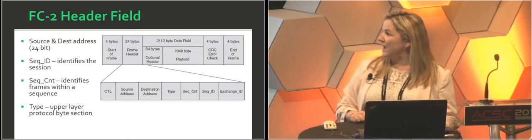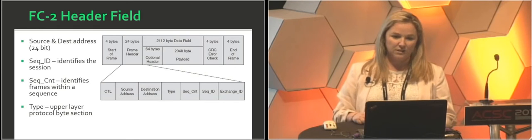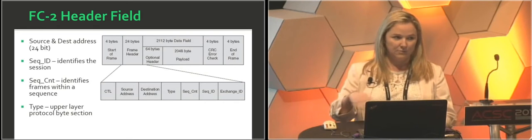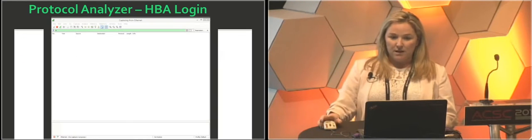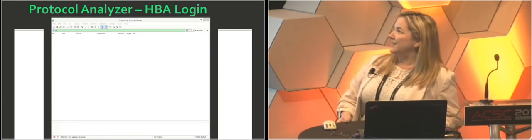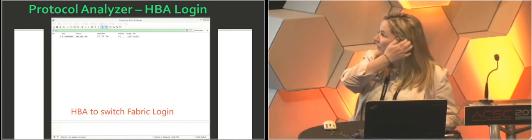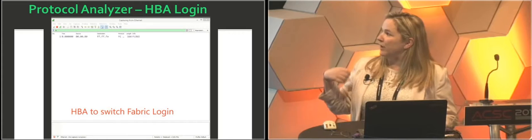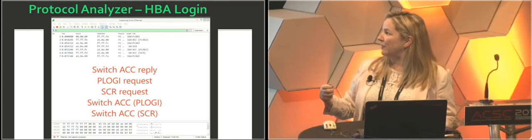You can see we've got source and destination addresses. They're 24-bit addresses, not the WWNs I was talking about earlier, and I'll talk more about how they come up with these addresses. There's the sequence ID and the sequence counter, which identify the sessions, and then the type field, which lets them know what the upper layer protocol being transported is.